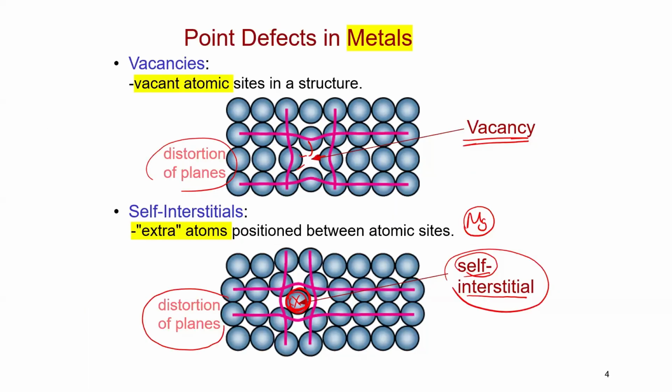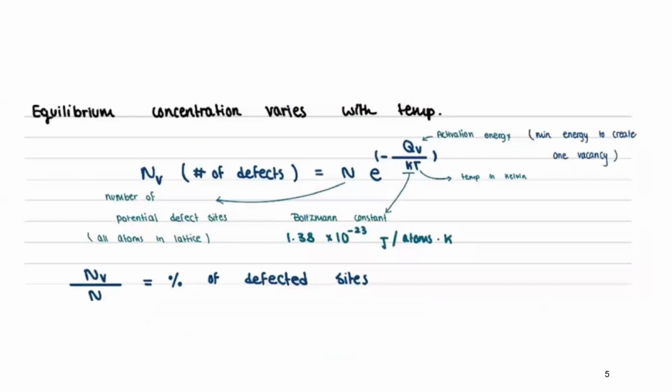We should be able to know how to find the number of defects, and we have an equation for that. The number of defects, we use N_V, and it equals N times e to the power of minus Q_V over kT. Here N means the number of potential defect sites, and e is the exponent you have on the calculator.